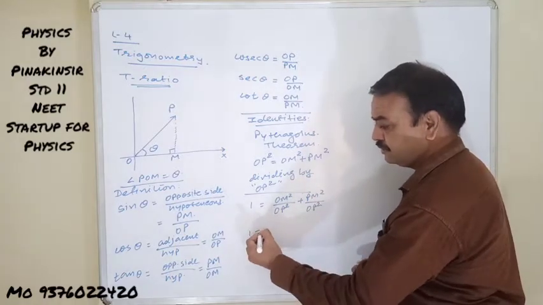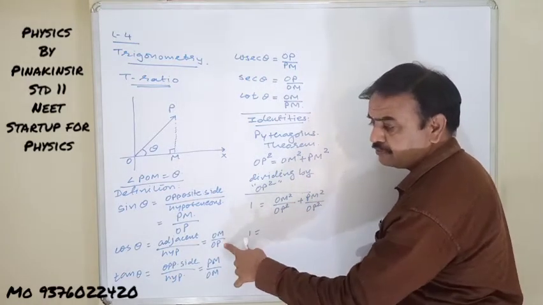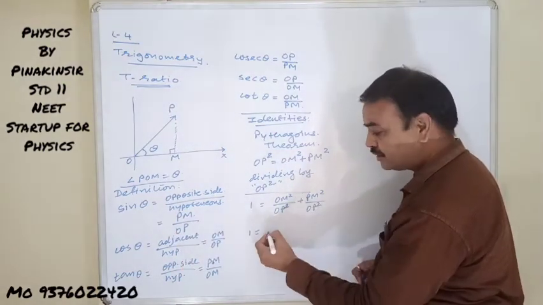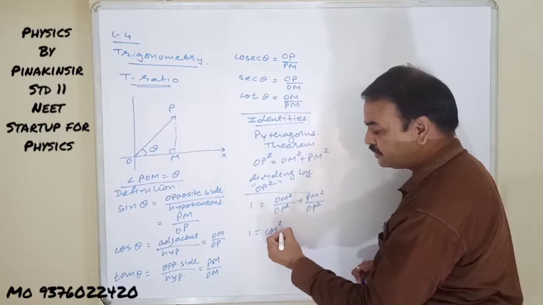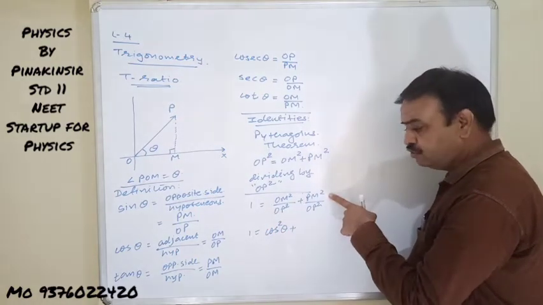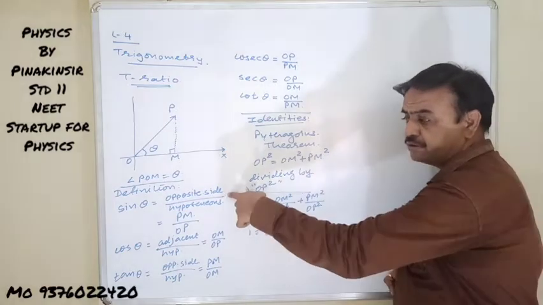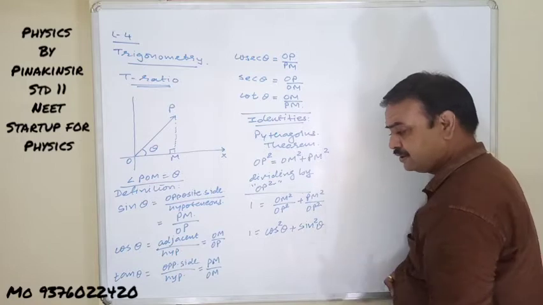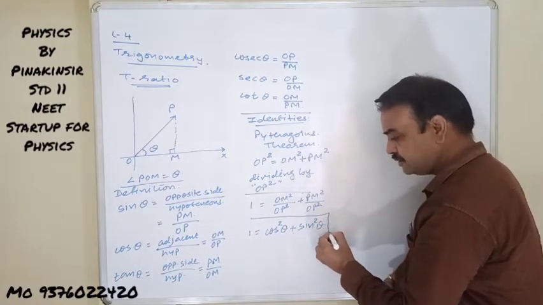See here, OM by OP is nothing but what? By definition it is cos theta, and square is there, thereby we can write here cos square theta plus sin square theta, because PM by OP is nothing but sin theta. This one is an identity.